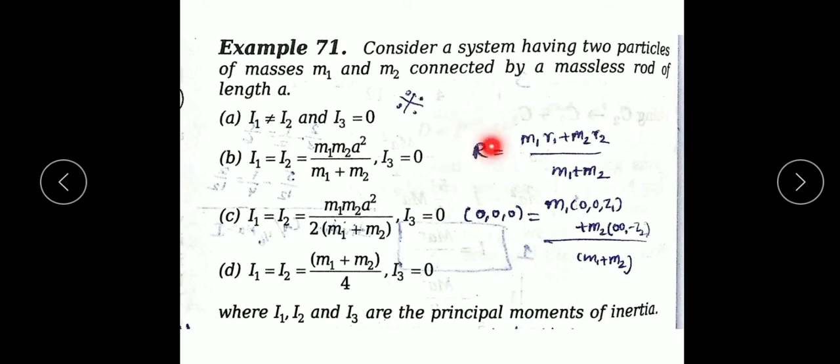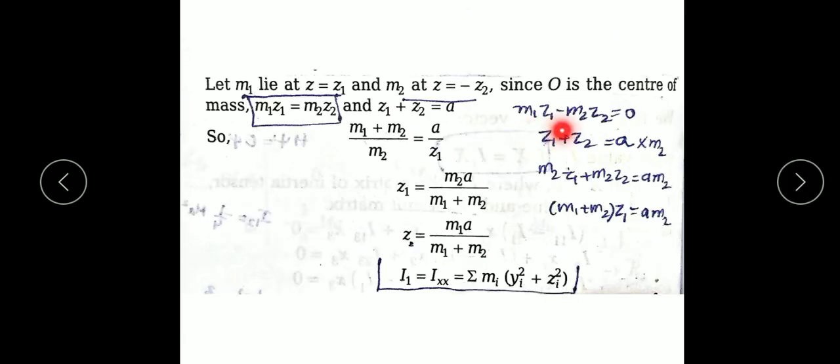So here we would have 0 in the place of R, and here m1 into z1 plus m2 into minus z2, that is nothing but minus m2 into z2, by m1 plus m2. m1 plus m2 into 0 is nothing but 0. So hence what we would have is m1 z1 minus m2 z2 equals 0. That is nothing but m1 z1 is equal to m2 z2. So this is one of the important formulas because here the origin O is the center of mass point.